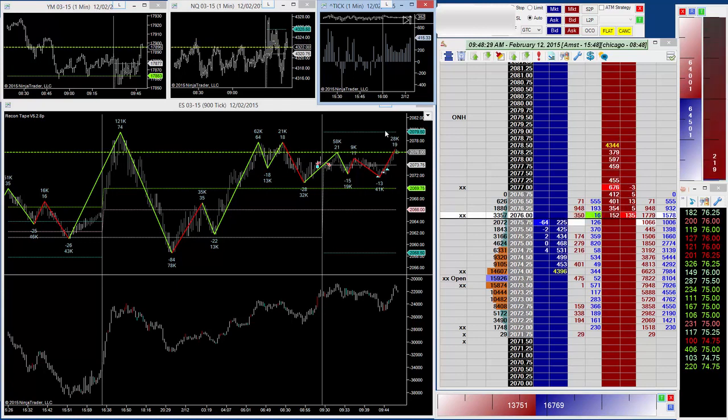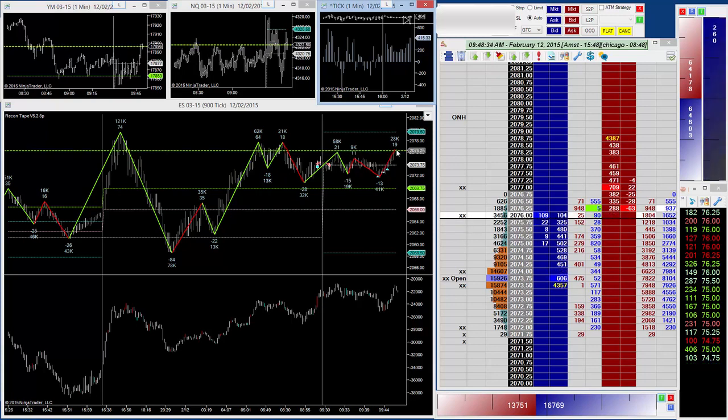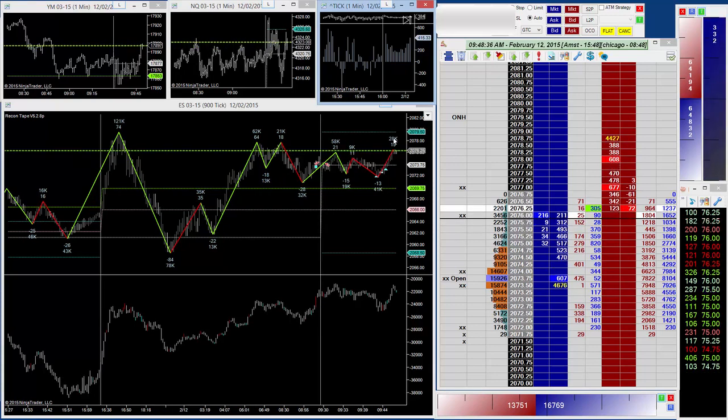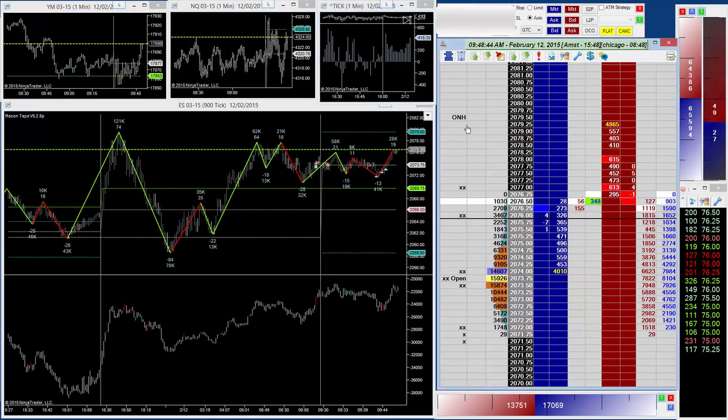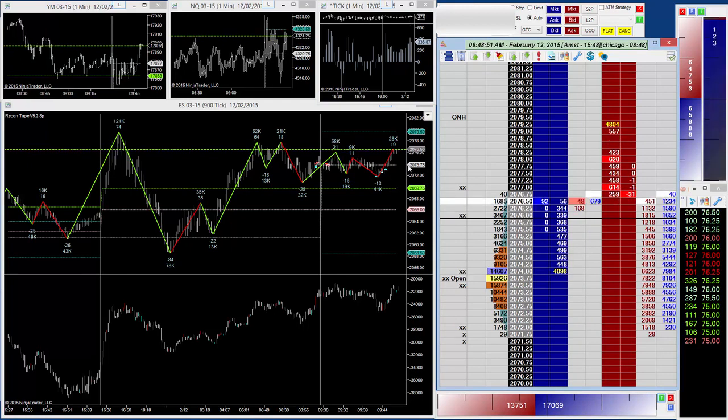So right now, if people are fading that move, it's not something I do personally, but again, it's not as if you've had overwhelming volume on the way up. So it's not as if there's a ton of people that are positioned there. But personally, I'd kind of wait to see what happens, looking maybe at 2075 for it to pull back or come back to the open price and hold and then confirm that we've got an up move.